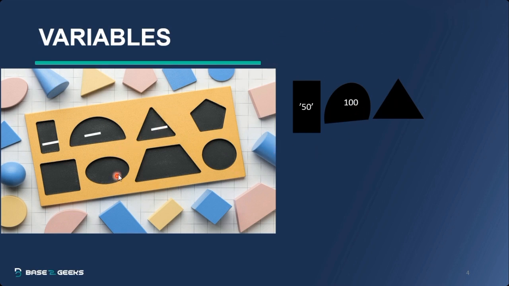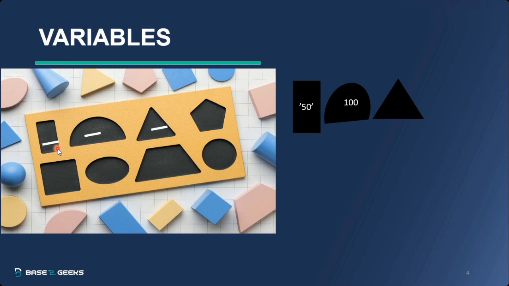Like this, for the remaining shapes also, I am going to select objects and place them. This is a shape, and this is the object which I am going to place in this shape. Can you understand? Will this shape accept a semicircle? No. Will this semicircle shape accept a rectangle? No, it will not.